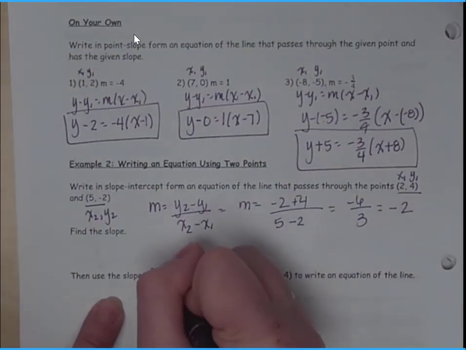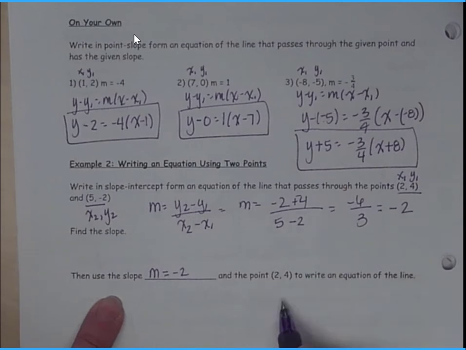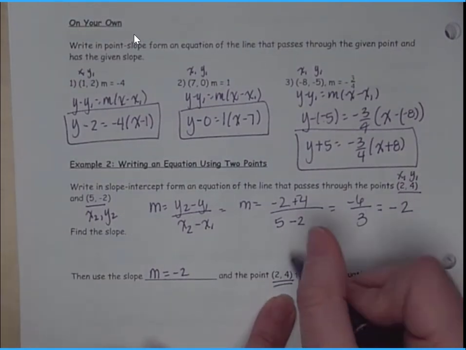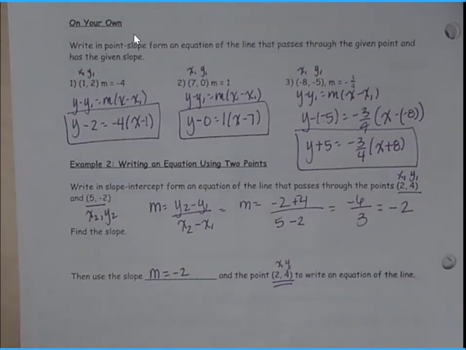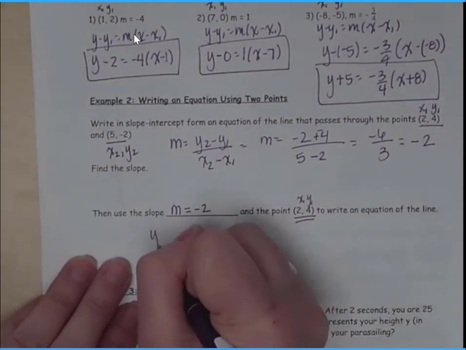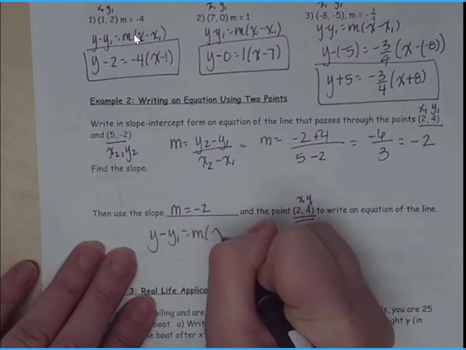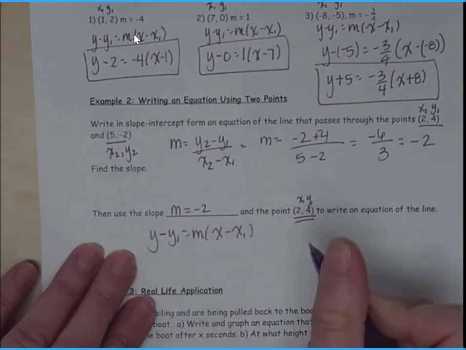Now I'm going to use the slope m equals -2 at this point, because I've already deemed it x1 and y1, to write the equation of the line. So I have the formula y minus y1 equals m times the quantity x minus x1.